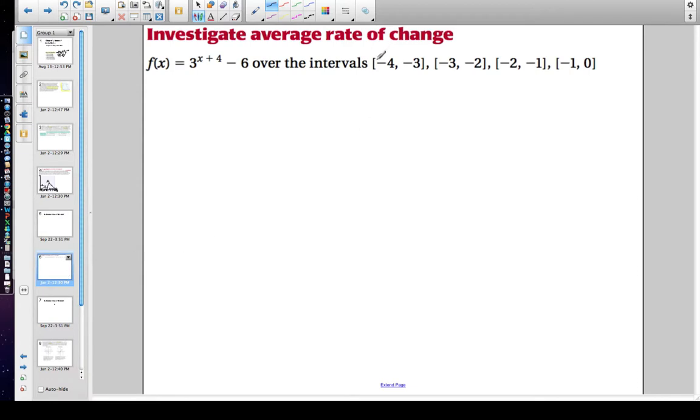So now if we want to look at the average rate of change, what we're given here is a lot of different x values. In each case, this is x sub 1, and this would be x sub 2. x1, x2, x1, x2, x1, x2.